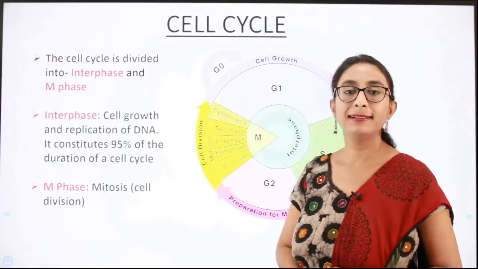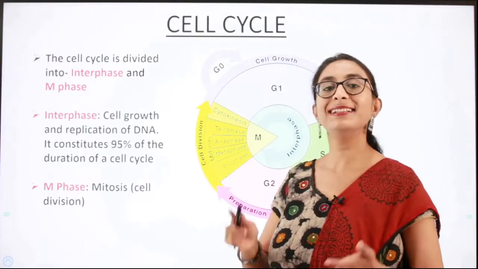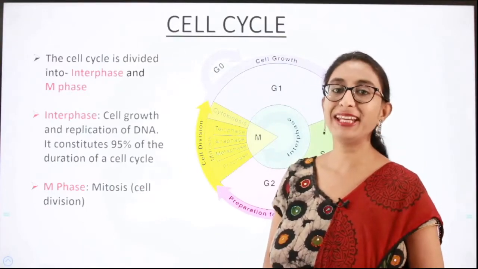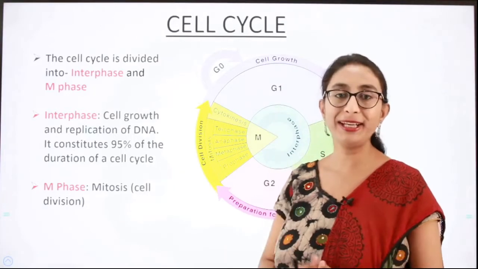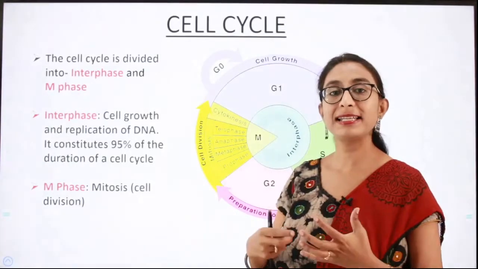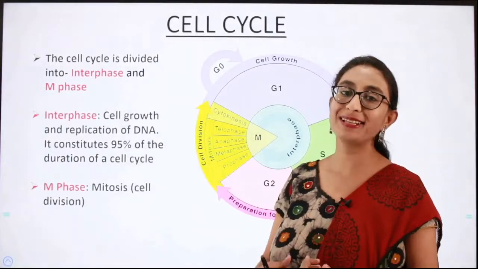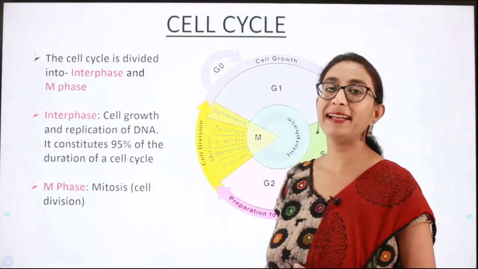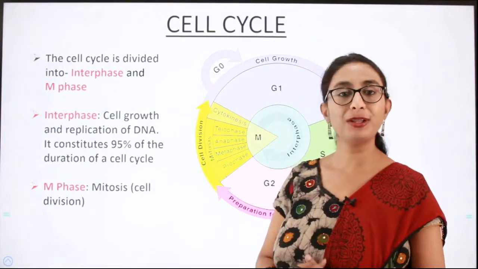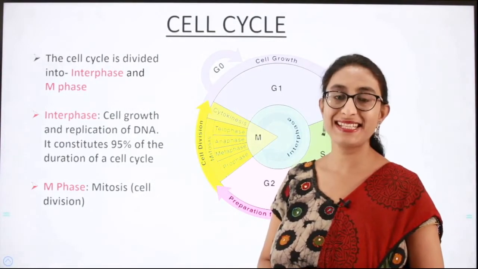The cell cycle. I already told you what the cell cycle is: the growth of the cell, the replication of the DNA, and the cell division. All of these occur in a coordinated manner so that the parent cell is capable of dividing into two daughter cells and giving equal quantities of genetic material and other cellular components to both the daughter cells.